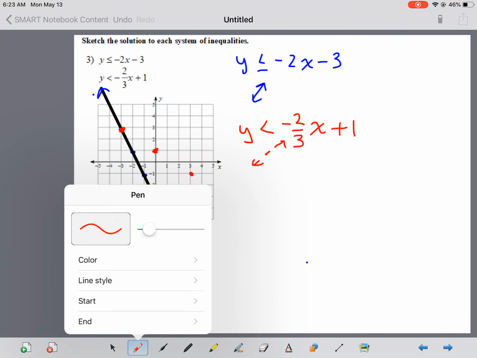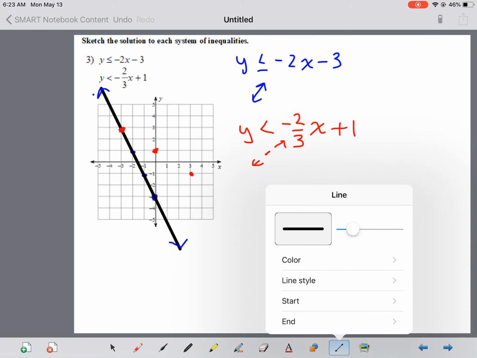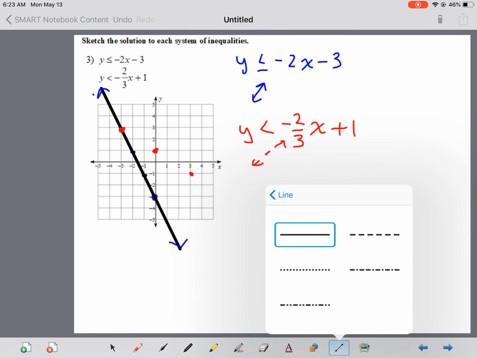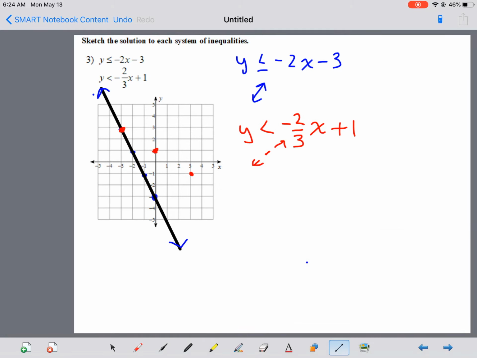All right, let's connect those points. But we have to remember that our line is dashed or dotted instead of solid. And of course, arrowheads. The line goes on forever.